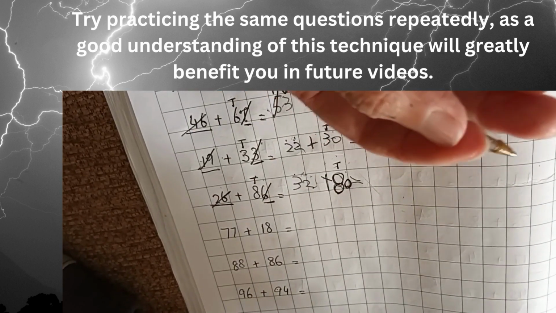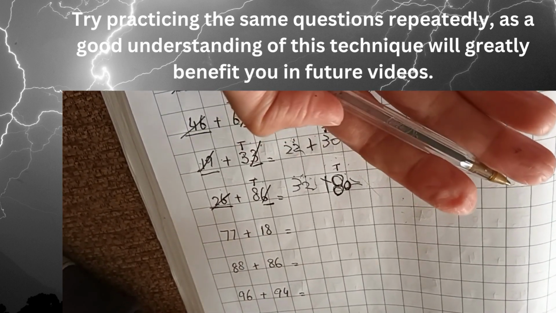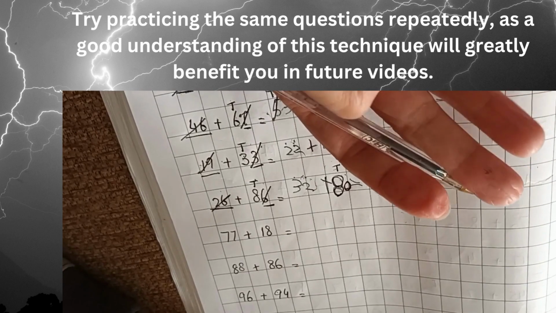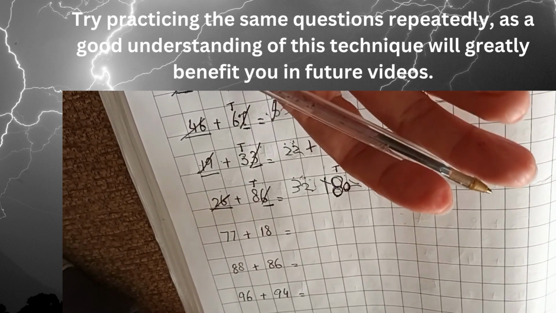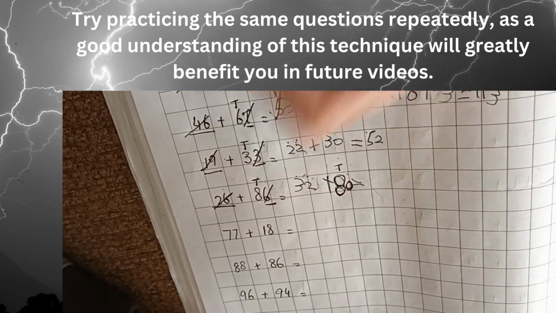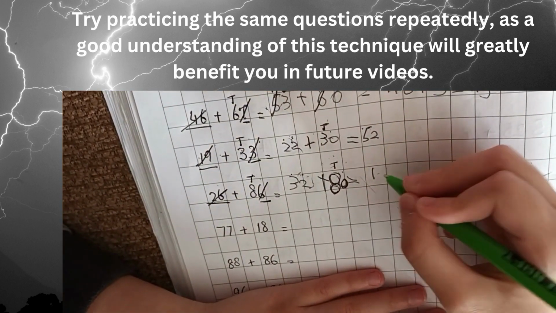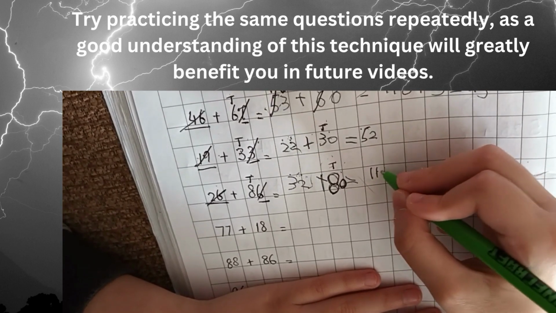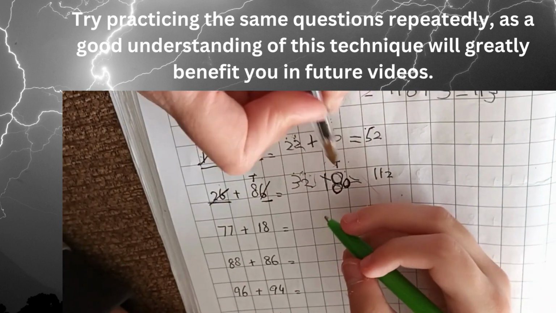Come on, 42, 52, 62, 72, 82, 92, then 102 and 112. So 112 is your answer. Good boy. So this is another way to solve it.